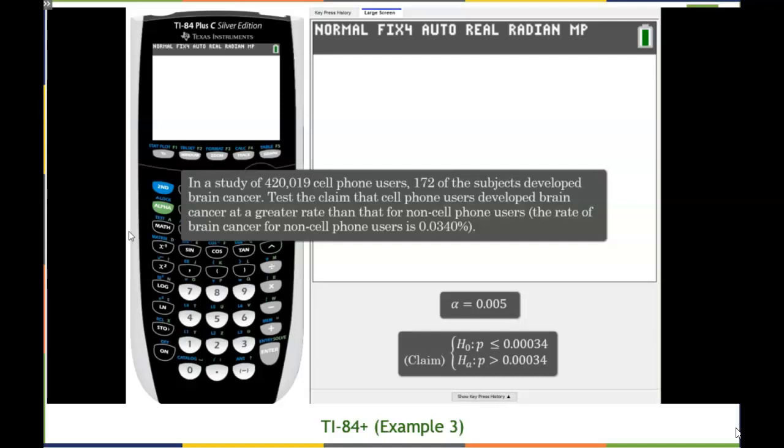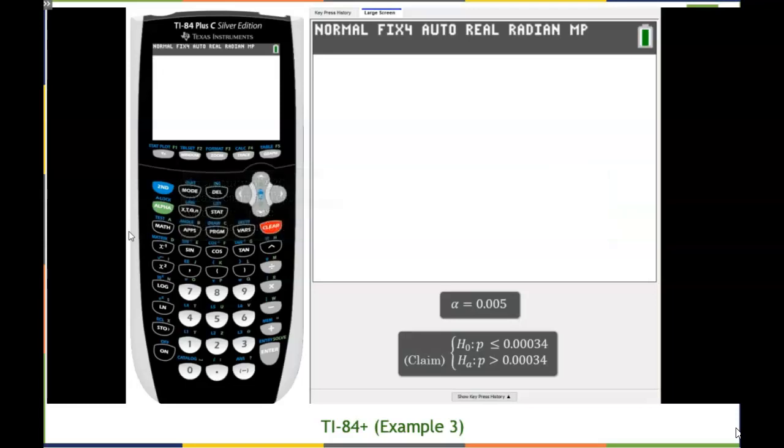So H0 is the proportion is less than or equal to 0.00034, because we're changing a percent over to a decimal. And our claim, HA, is the proportion is greater than this 0.00034.